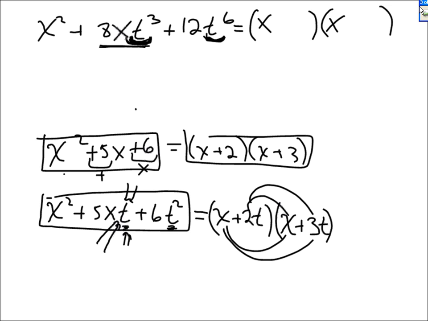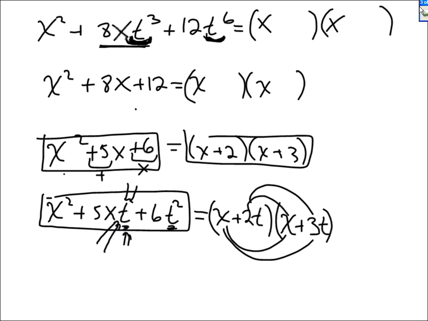That is just factor x squared plus 8x plus 12. Since it's x squared, it's x followed by a number times x followed by a number. Two numbers that multiply up to 12 and add up to 8, that's 6 and 2.